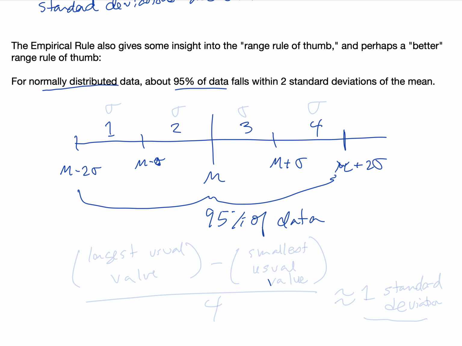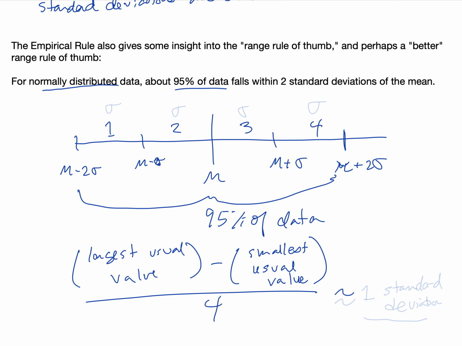So that tells us that if we take that range and divide by 4, so if we take the largest usual value minus the smallest usual value and divide that by 4, that is approximately 1 standard deviation.